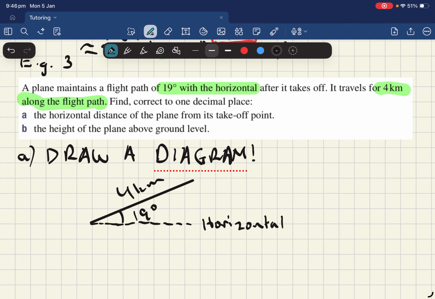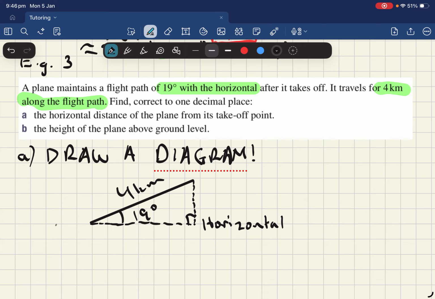Now, what we notice is that wherever the plane is, if we draw a line directly down vertically, the vertical is always going to be perpendicular to the horizontal. So we can effectively make an imaginary right angle triangle with the horizontal and the flight path. Now, it's saying in part A to find the horizontal distance of the plane from its takeoff point.